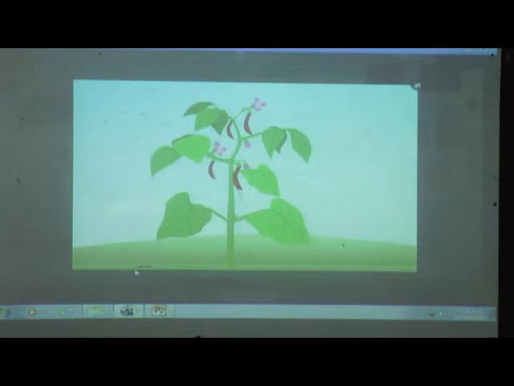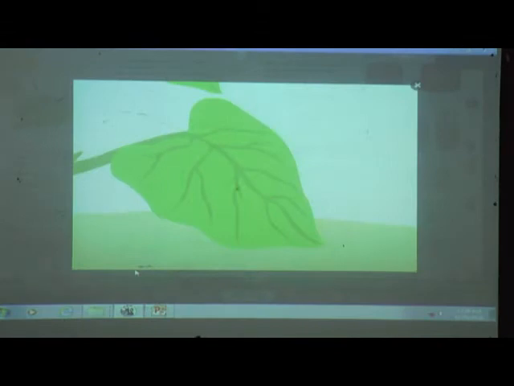The stem helps the plant stand straight. It also transports water to the leaves and food to all parts of the plant. In the presence of sunlight, the leaves make the food the plant needs.